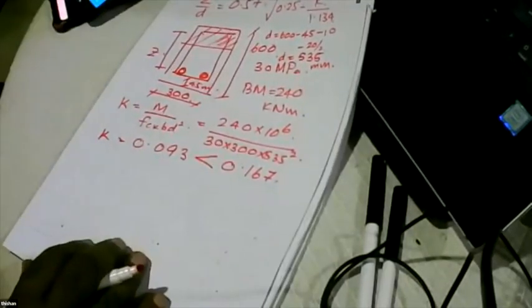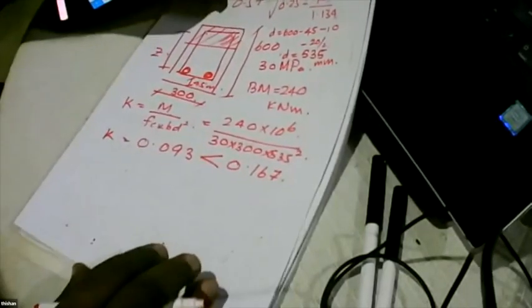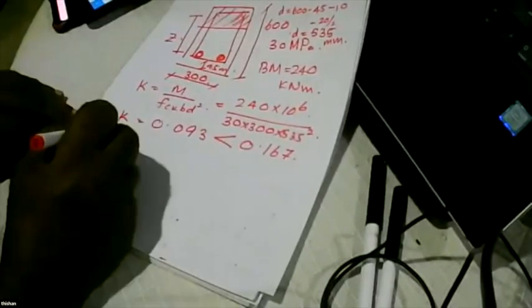So that means this section can be singly reinforced. We don't need any compression reinforcement. Then we can go for this equation.